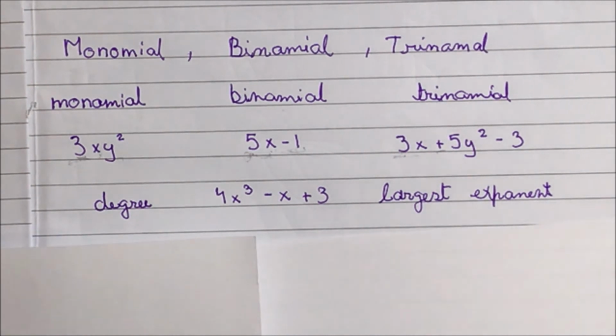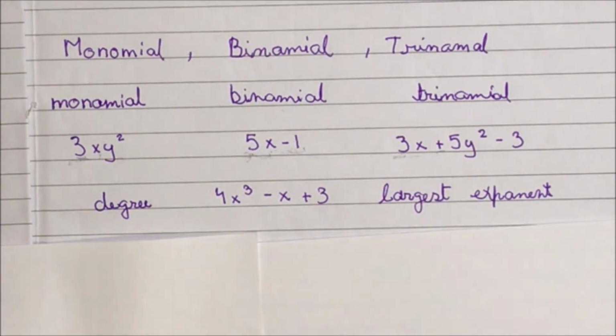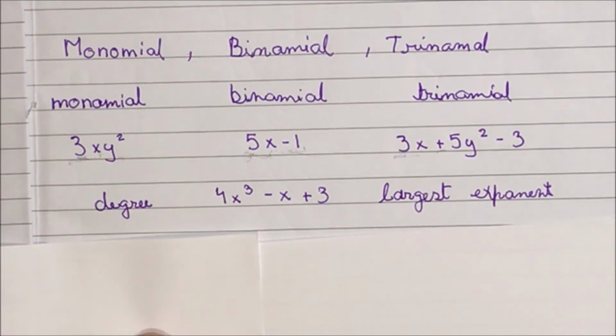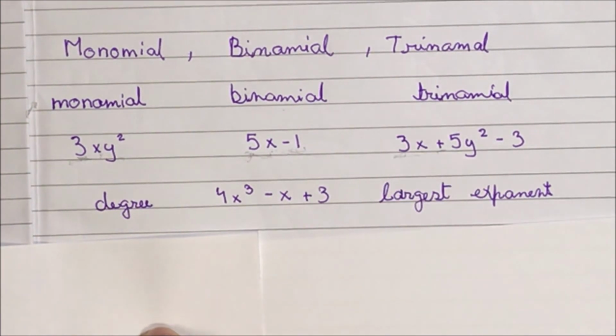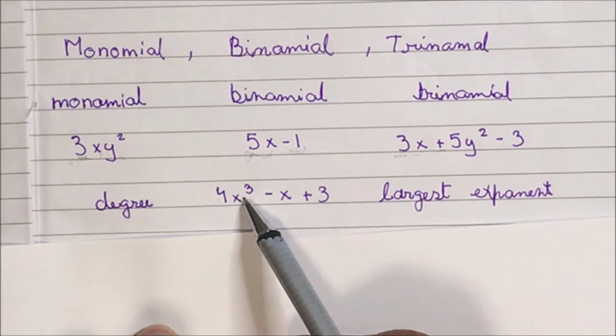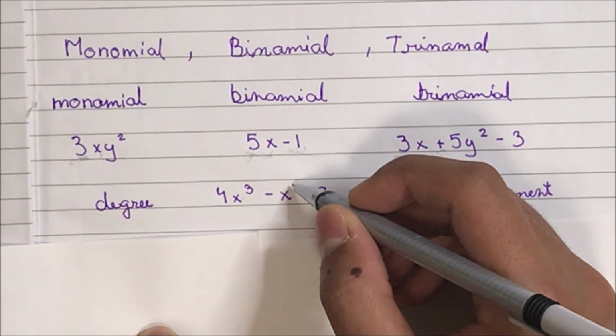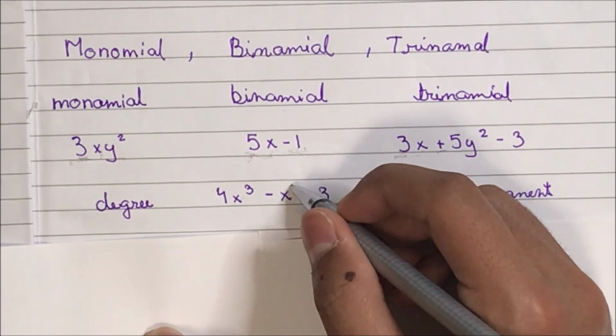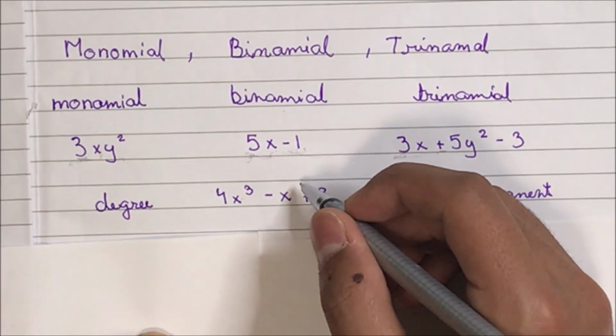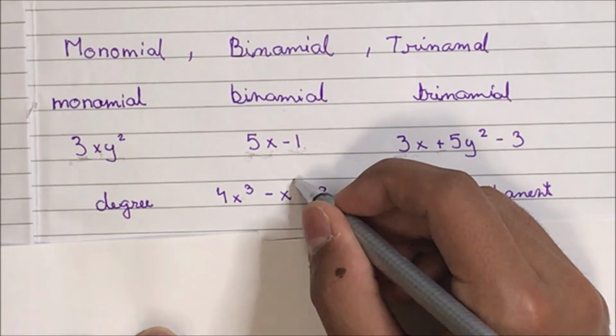And you need to know about degrees. Degree is basically the largest exponent number. So in this polynomial over here, we have the 3, and over every variable you have an exponent no matter what. If you don't see an exponent, you can basically say that it's a 1.